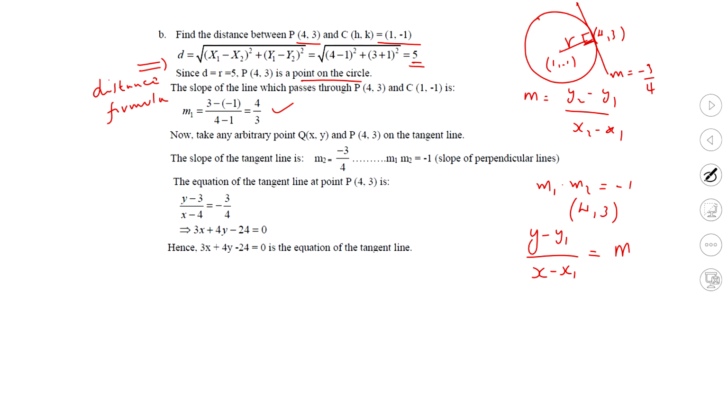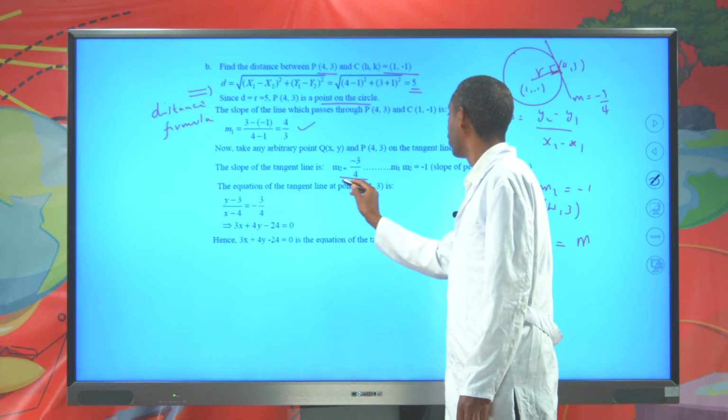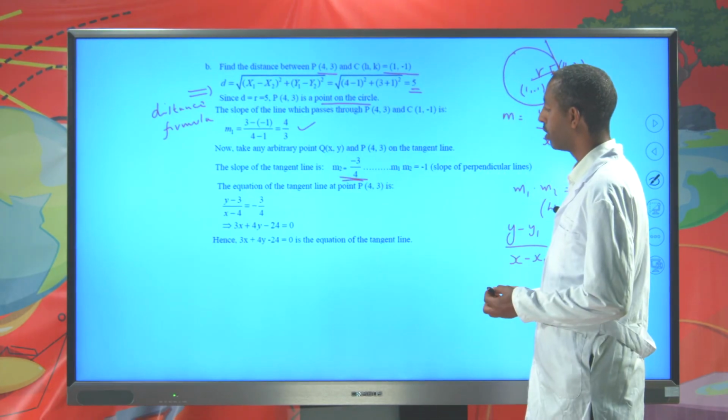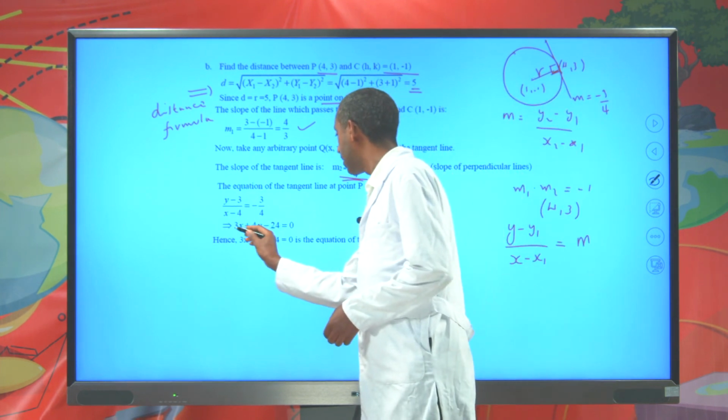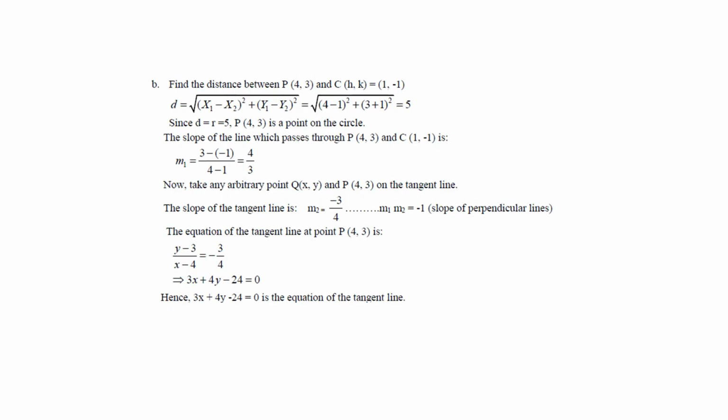And in place of x1, we replace 4, x minus 4. We already mentioned the gradient is -3/4. Then if you simplify this equation, you will get the standard form. So this is the equation of the tangent line in standard form.